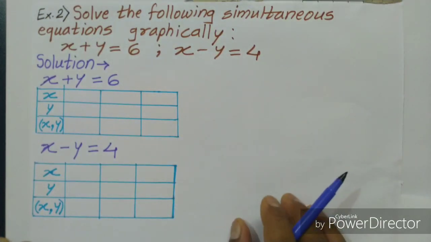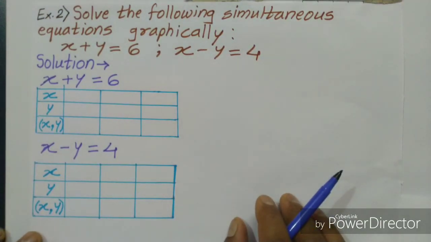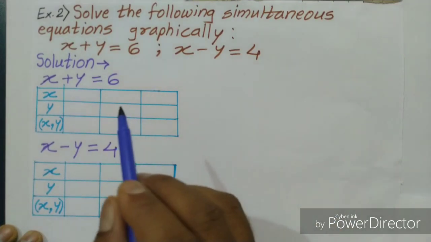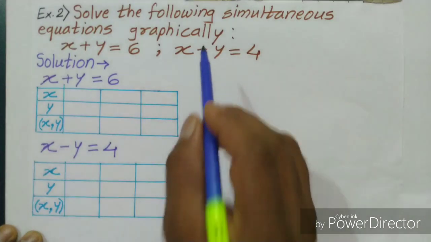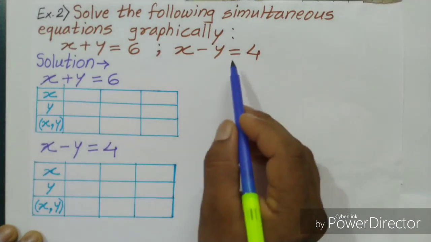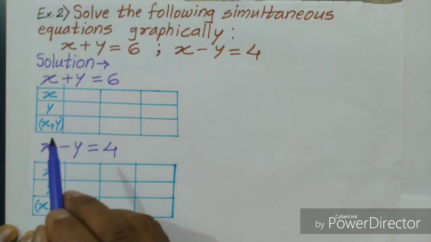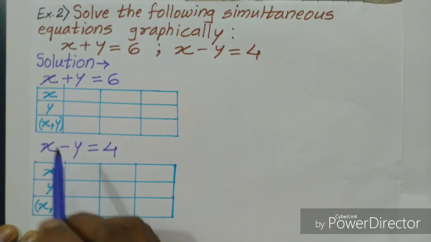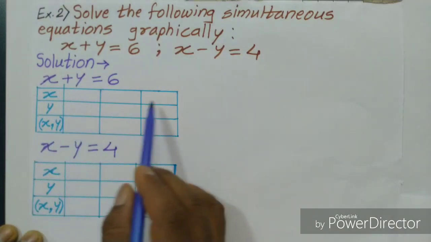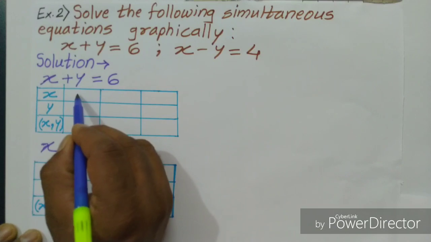Then example number 2, solve the following simultaneous equations graphically. The first equation, x plus y is equal to 6, and x minus y is equal to 4. In the solution, x plus y is equal to 6. Make a table. We want 3 points.